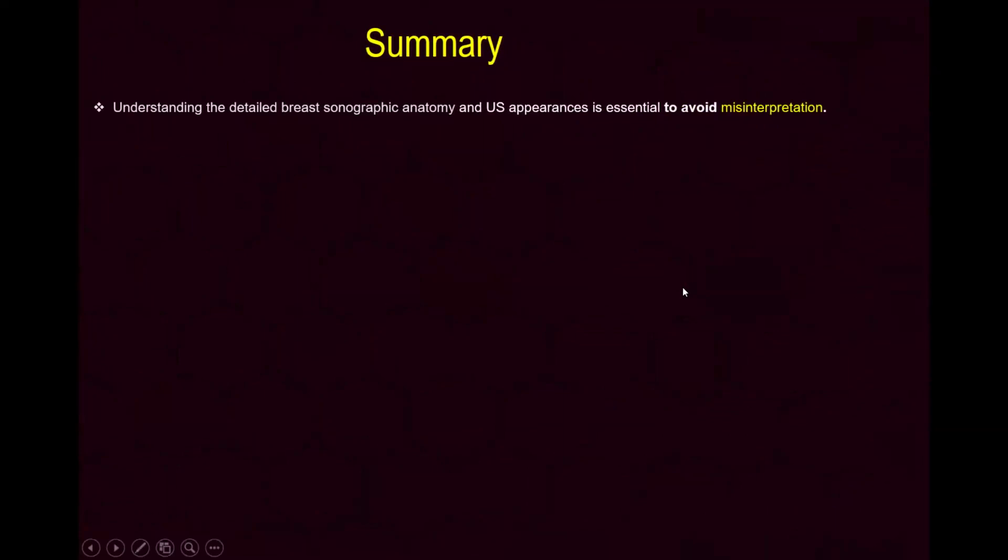So to summarize, understanding the detailed breast sonographic anatomy and ultrasound appearances is essential to avoid misinterpretations.